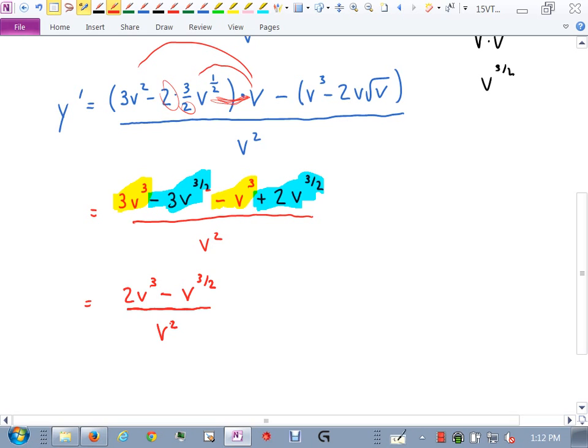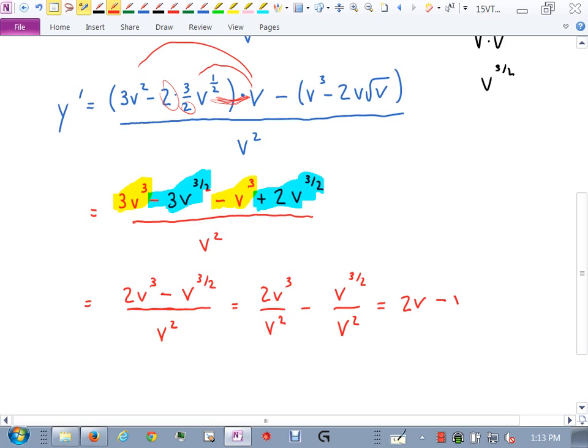And then I can split it into 2 again. 2v cubed over v squared minus v to the 3/2 over v to the second. The first one becomes v cubed over v squared is a v, so I have 2v. And then when you do division, you subtract. 3/2 take away 2 is -1/2.